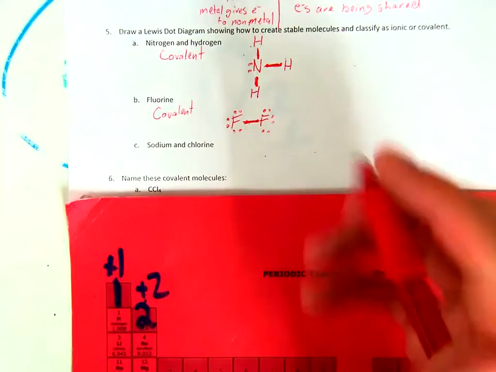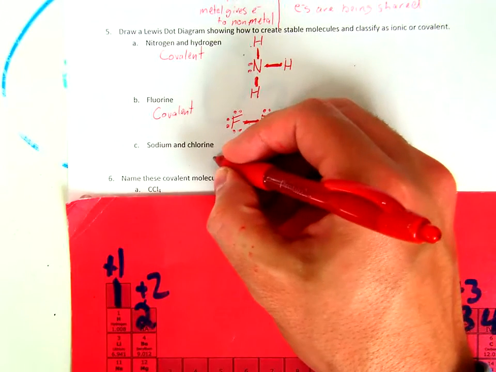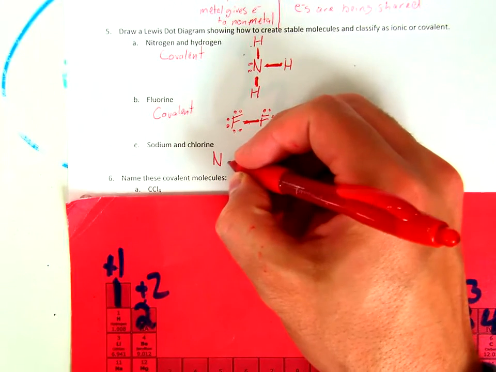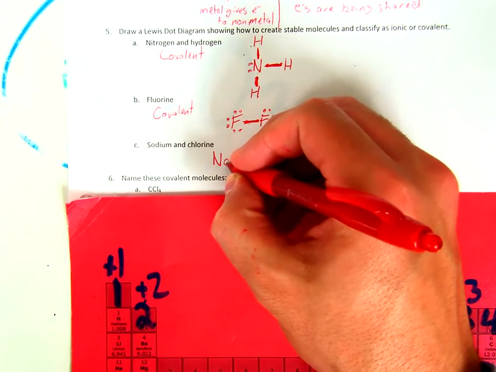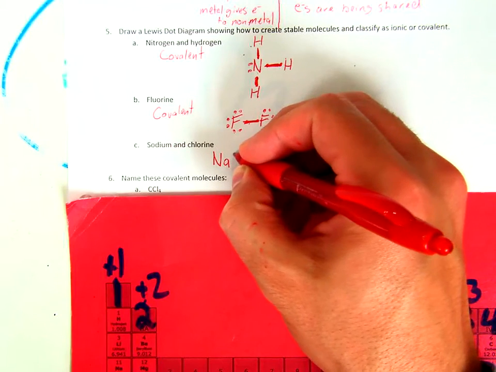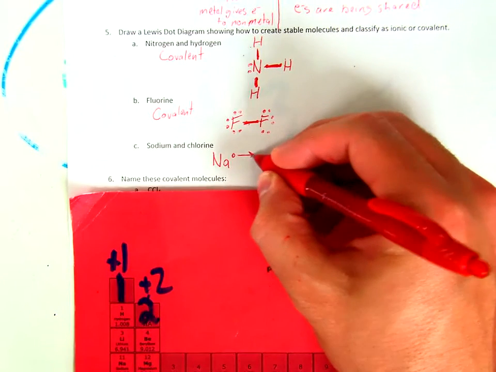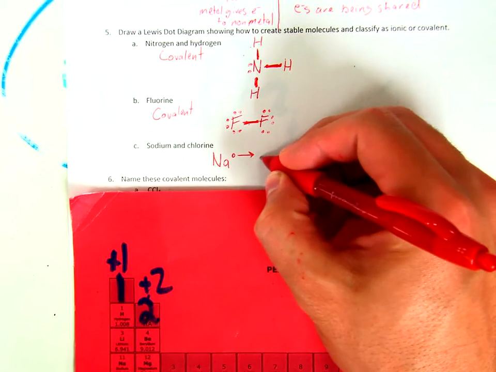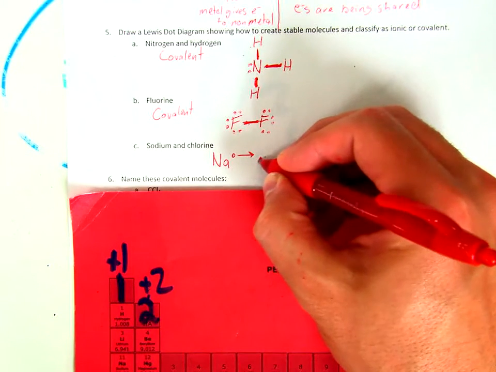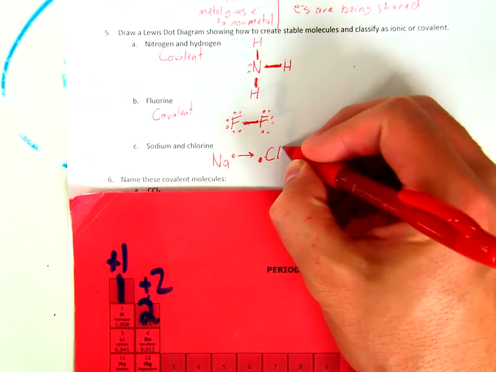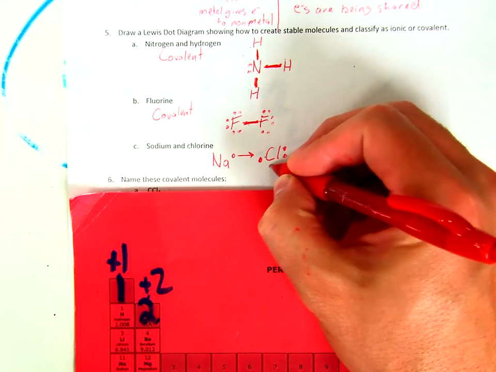With sodium and chlorine, they're going to form sodium chloride, so Na. This electron is going to go over and hang out with Cl.